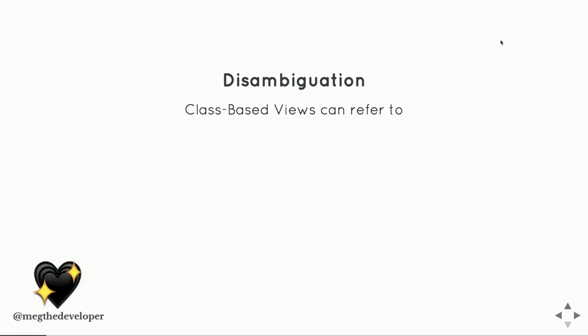So, a little bit of disambiguation first, lots of prep knowledge here. But when I was first learning about class-based views, I wasn't really sure what they were at all, at a high level, because I kept seeing different things. One of the things that people might be talking about when they say, oh yeah, we use class-based views, is that they use the generic Django class-based views.